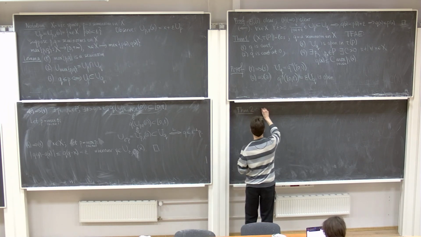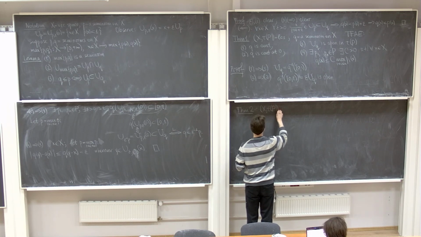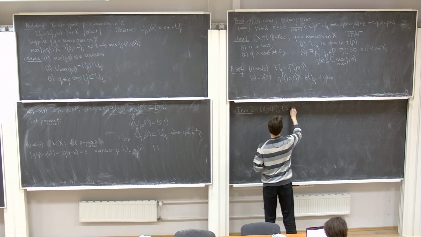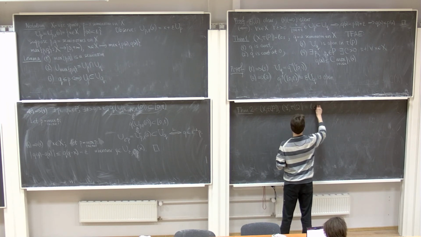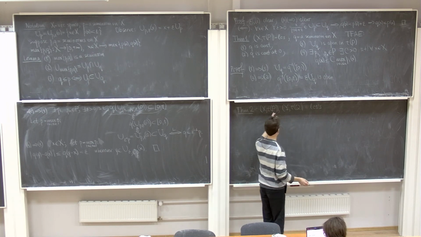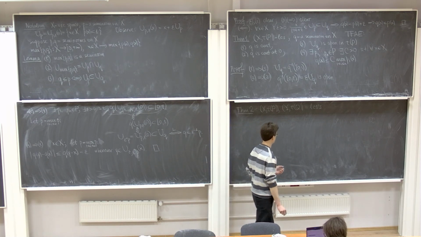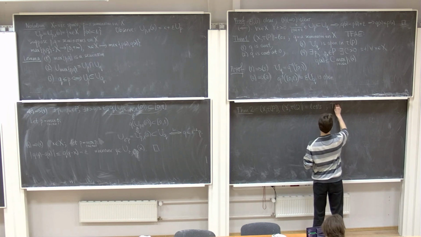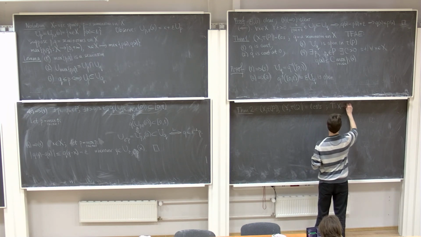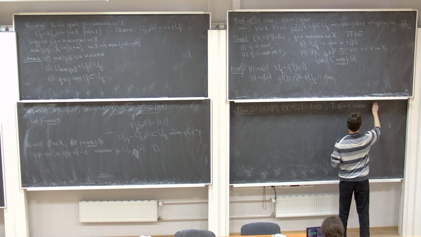Suppose we have two locally convex spaces, X and Y. So big P is a defining family of seminorms on X, and big Q is a defining family of seminorms on Y. And suppose that T is a linear operator from X to Y. Then the following conditions are equivalent.